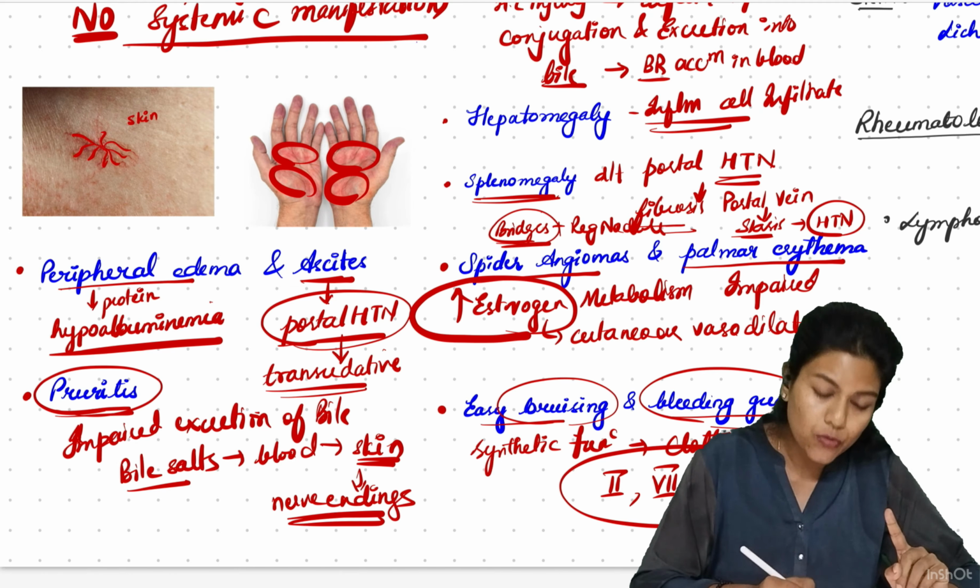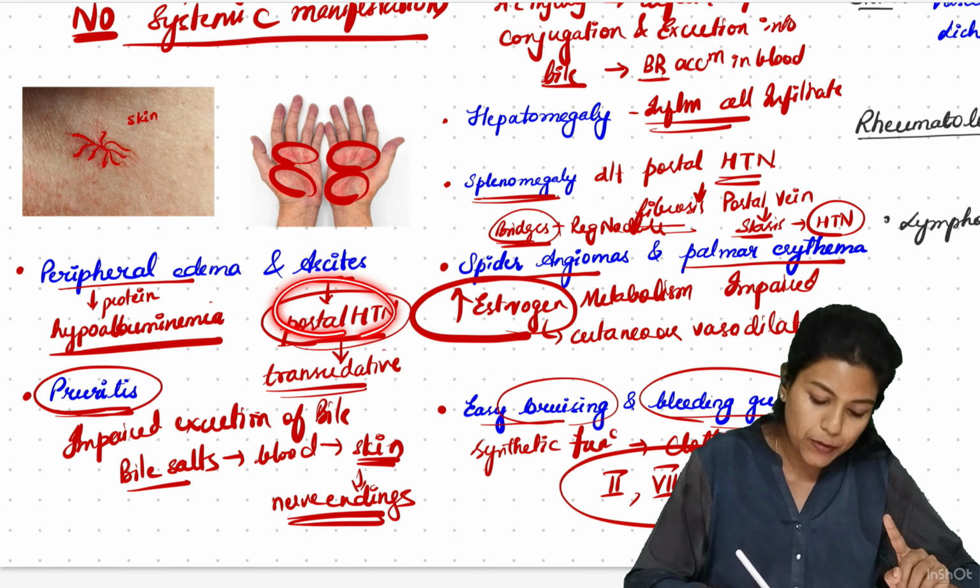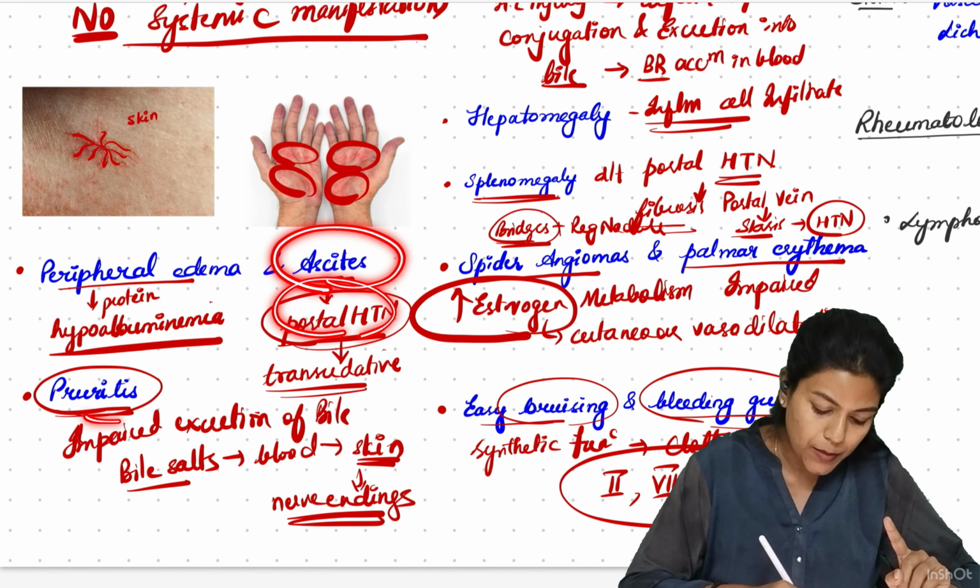When protein function goes down, the albumin goes down, causing peripheral edema. Again, because of portal hypertension there is ascites, and pruritus is because of deposition of bile salts in the skin, which will stimulate the nerve endings.